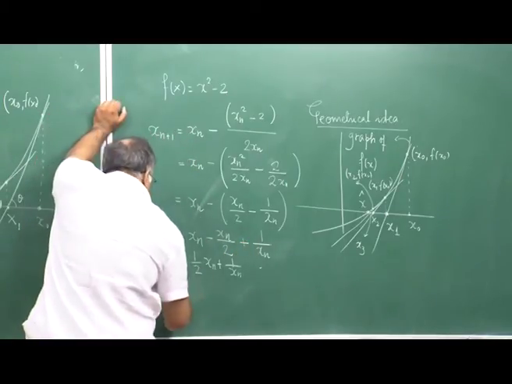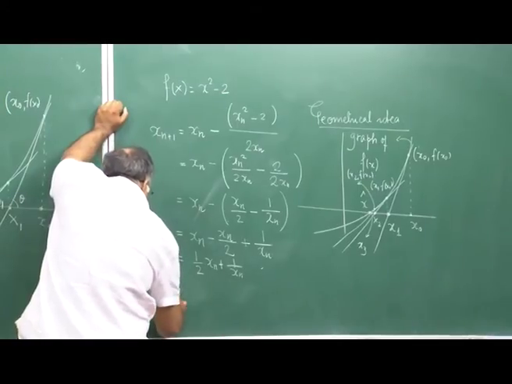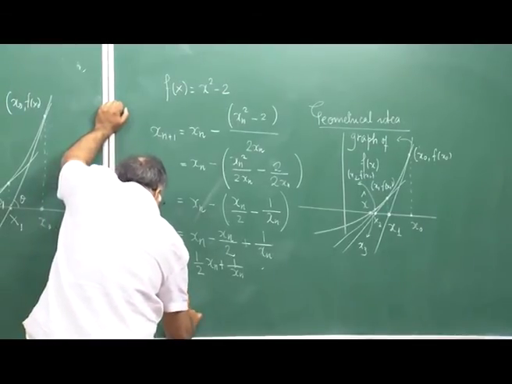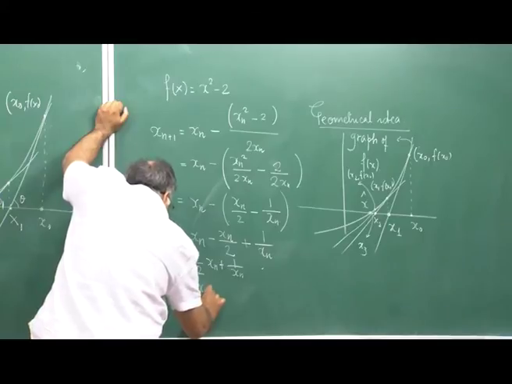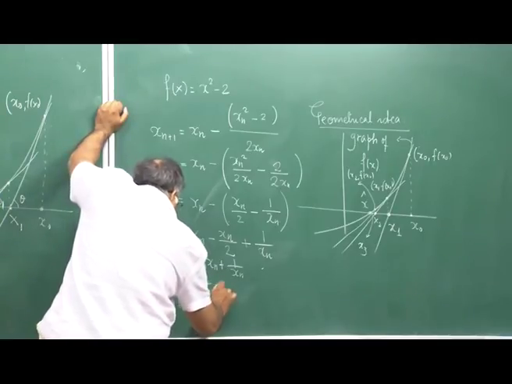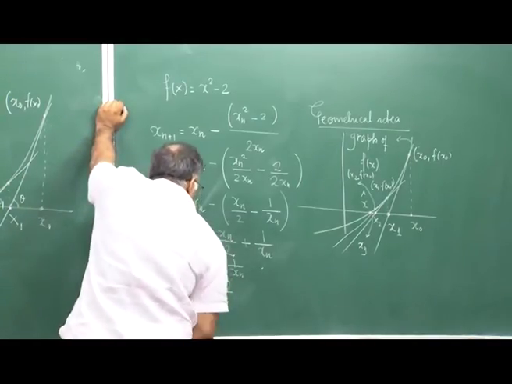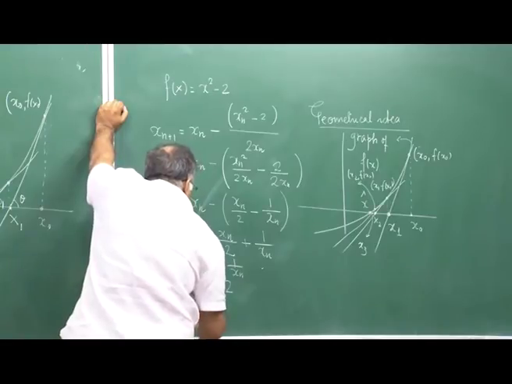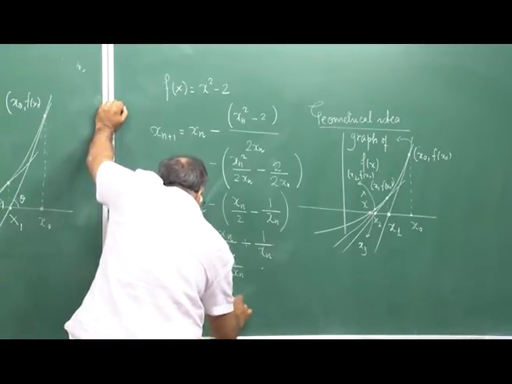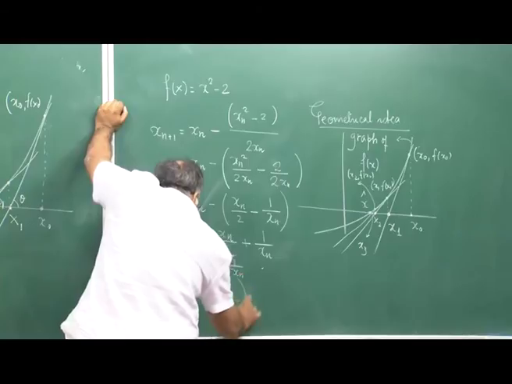So what do I get from here? I can write this as x_{n+1} = half of (x_n square plus 2) by x_n.